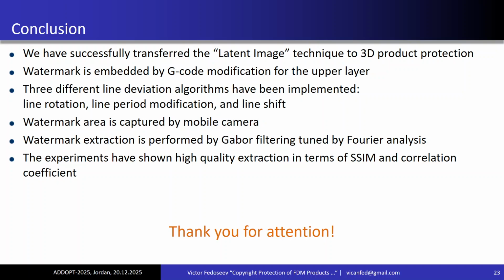Then the watermark area is captured by a mobile camera, and watermark extraction is performed by Gabor filtering, tuned by Fourier analysis, and the experiments have shown high quality extraction in terms of structured similarity index and correlation coefficients.